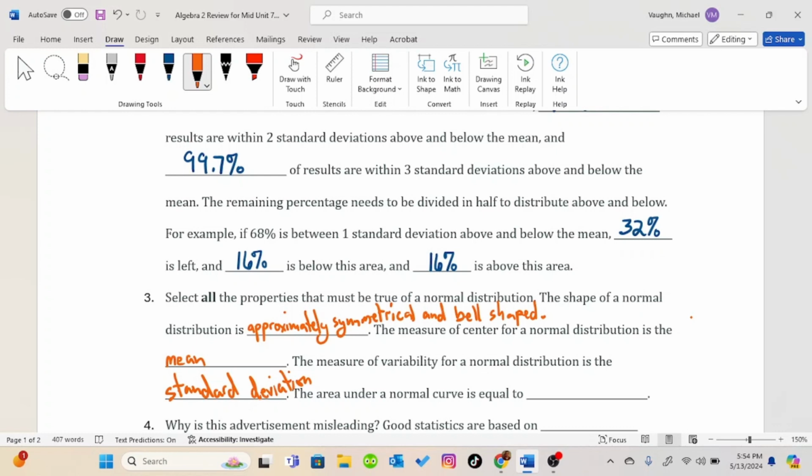And finally, the area under a normal curve is equal to 1. So if you add all of the proportions together, they should equal 1. And you can use that if you know some proportions but not another. You can subtract what you do know from 1 to find out what's remaining for the rest.